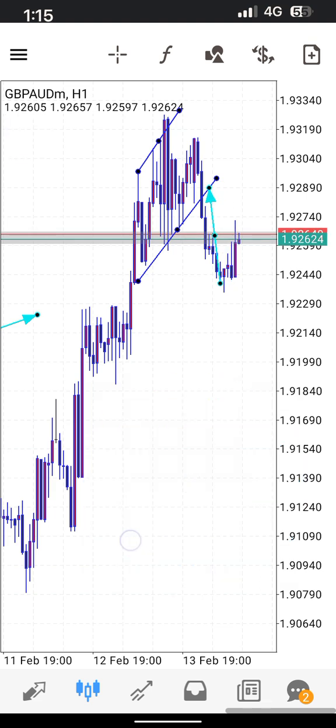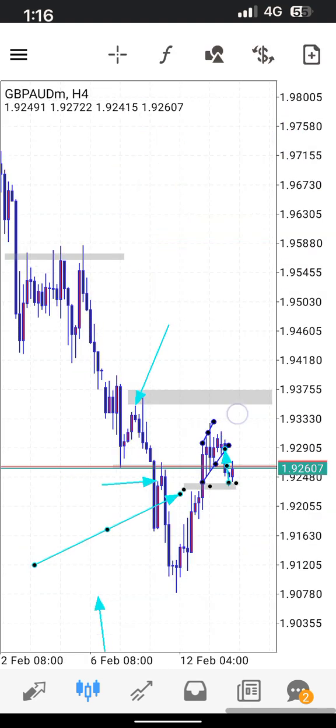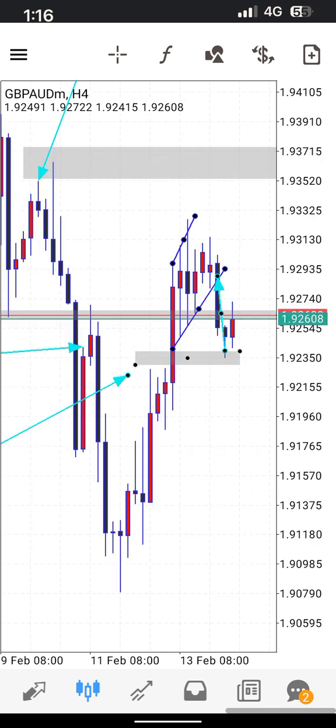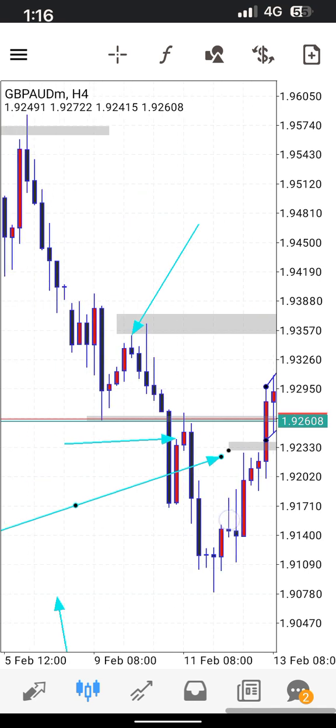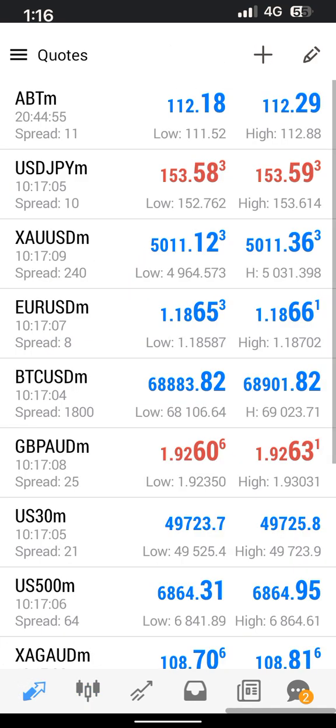So our first TP, we have another area of confluence around here, so that would have been another great zone to show us that price could potentially reverse in that area.